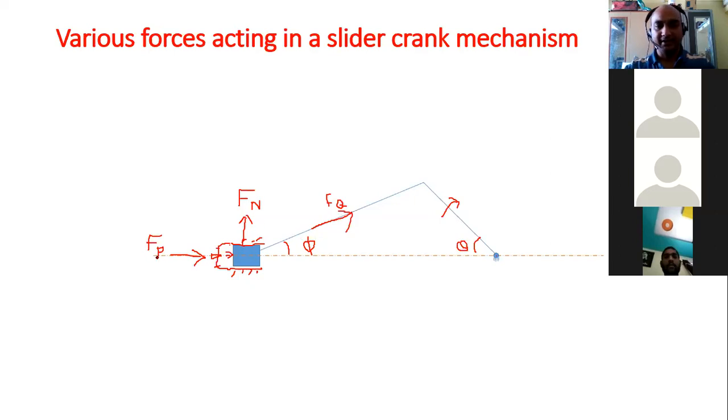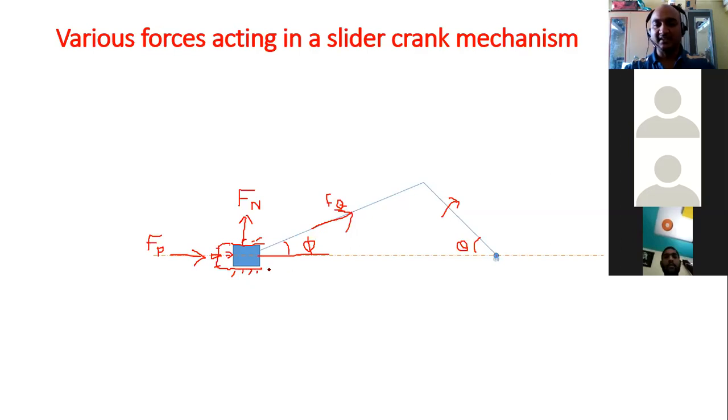So which forces have we seen now? Fp is the piston force, which is along the piston stroke. Second force we have seen, some part of this force will go in the connecting rod, that is Fq, and some part will go in the Fn. When this piston is moving to and fro, it is a reciprocating part, so it must have mass also, and this is accelerating.